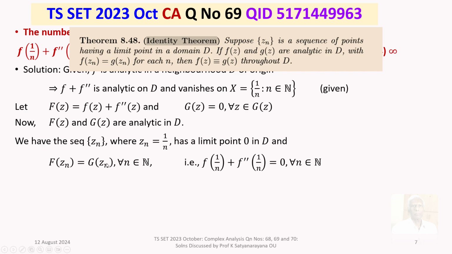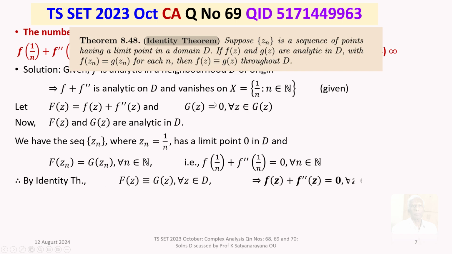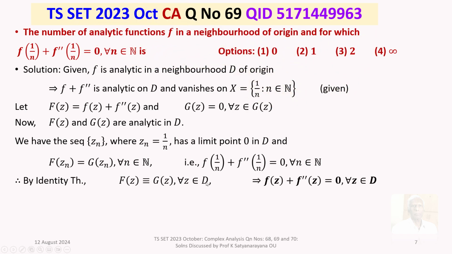F of Zn is f of 1 by n plus f double prime of 1 by n. G of Zn is 0 because G is a 0 function. So this is equal to 0. So that means this is true for all n belongs to N. Then by the identity theorem, F of z is identically equal to G of z for all z belongs to D. That means what is capital F of z?